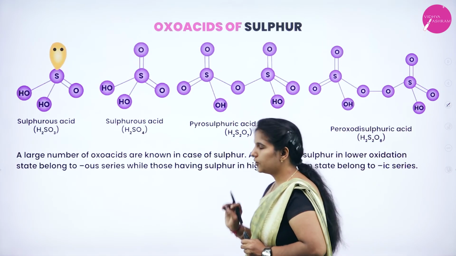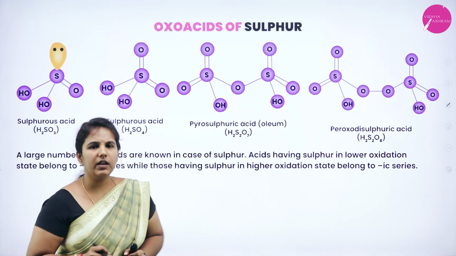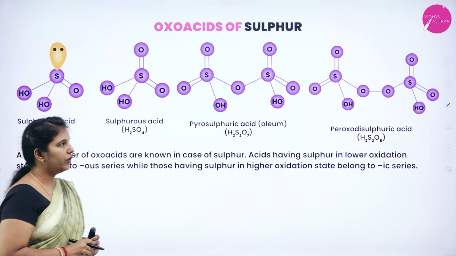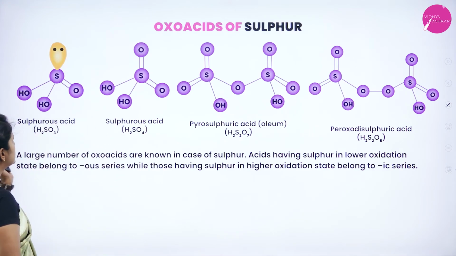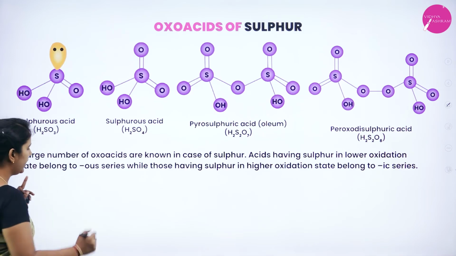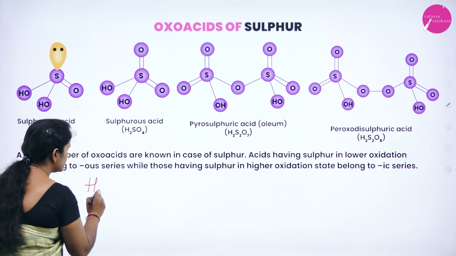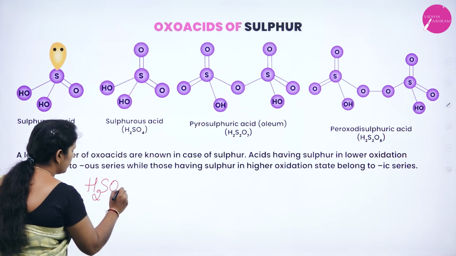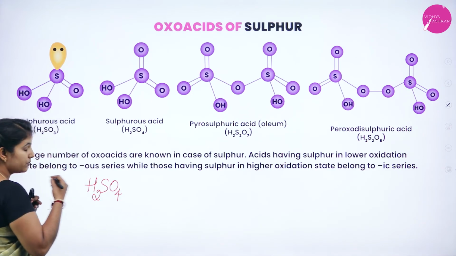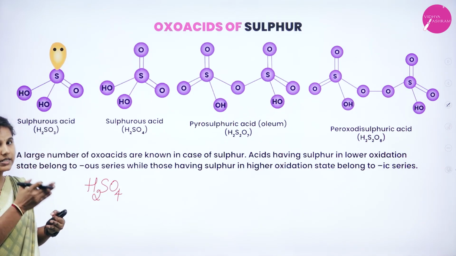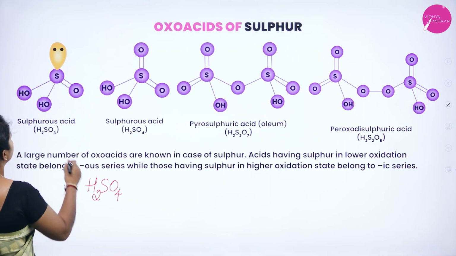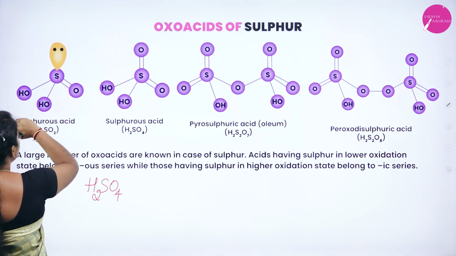Coming to the oxoacids, we have very few oxoacids of sulfur. The first one is sulphurous acid. Already I have explained that sulfuric acid is written as H2SO4. If one oxygen is less, it is known as what? Sulphurous acid. You can see that we have a sulfur atom.